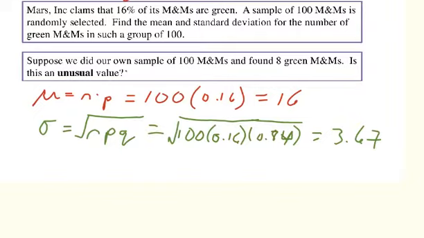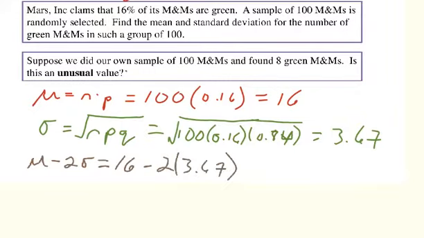So let's just calculate the minimum usual value, which is the mean minus 2 times the standard deviation, or 16 minus 2 times 3.67. Throwing all this into the calculator, you get 8.66.